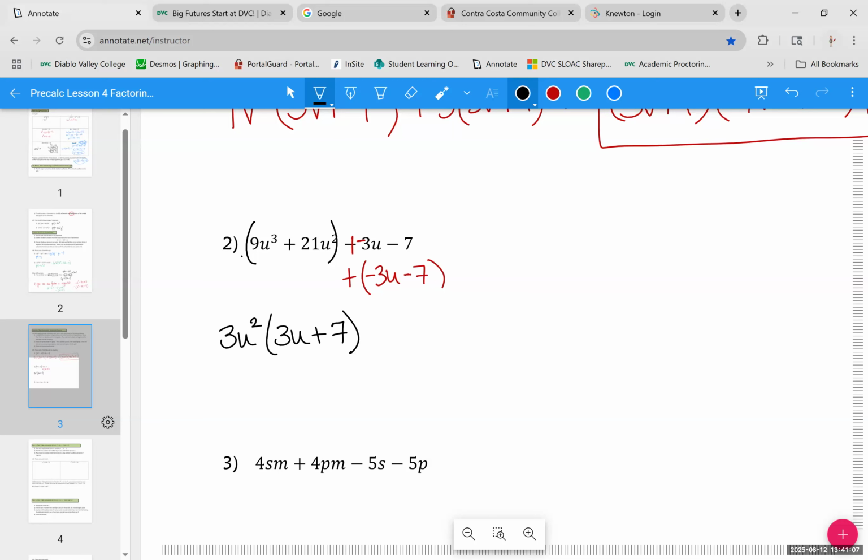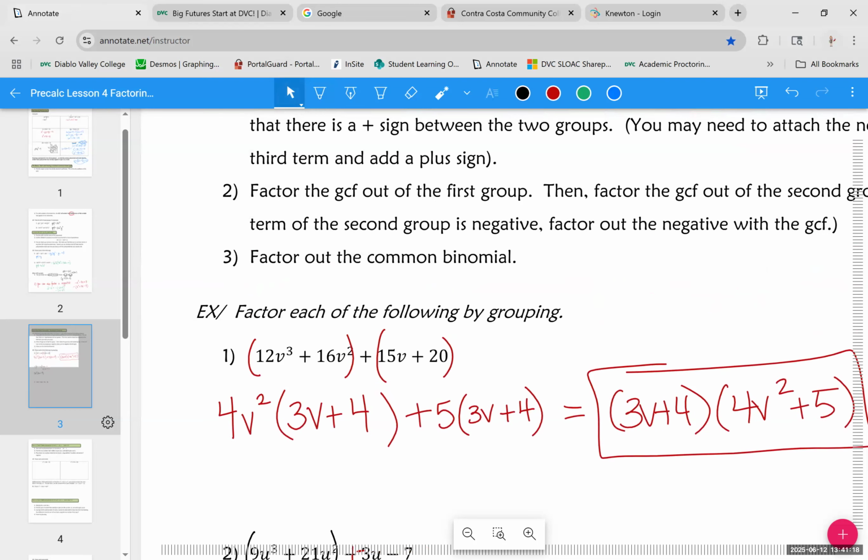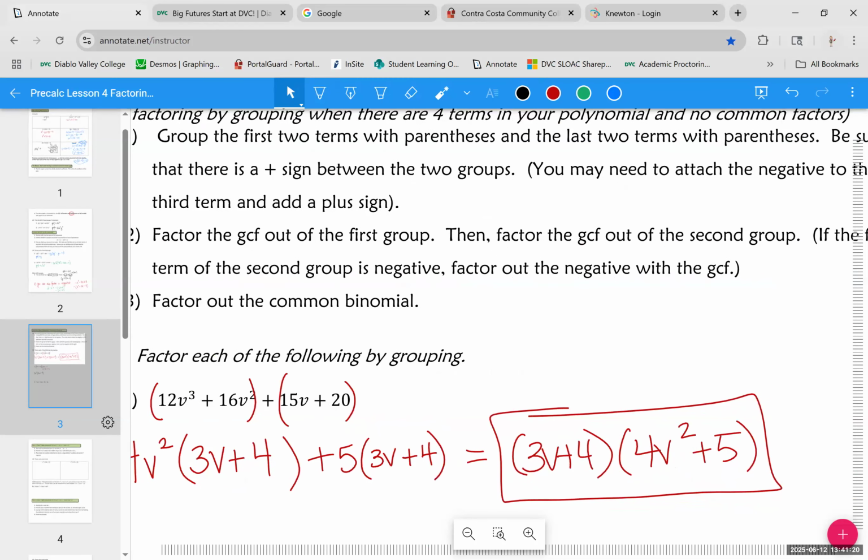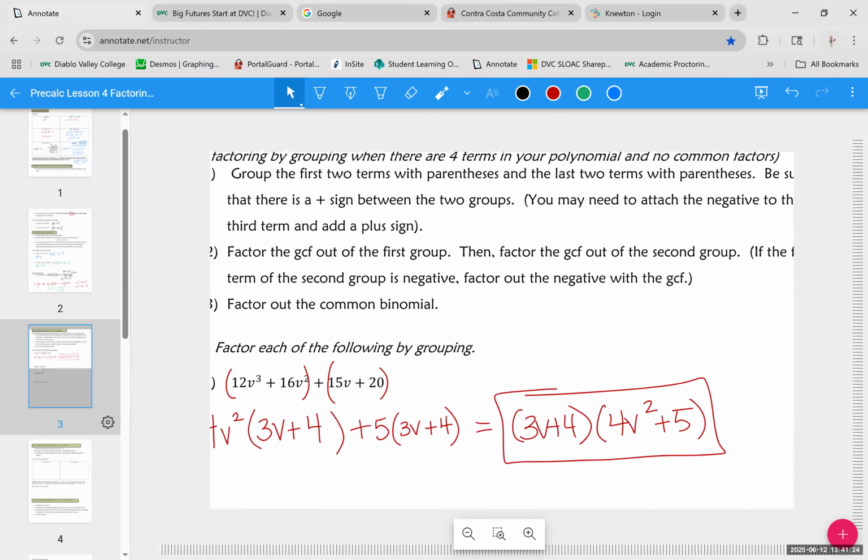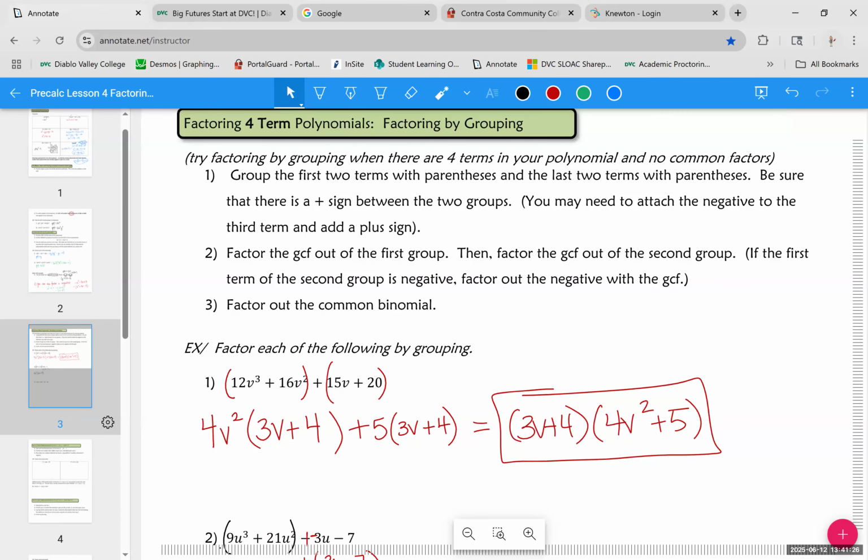And a lot of times I'll just write plus 1 in front of theirs, just to kind of remind me that that's what's in front. But you'll remember in my second step here, I said, if the first term of the second group is negative, factor out the negative with the GCF.